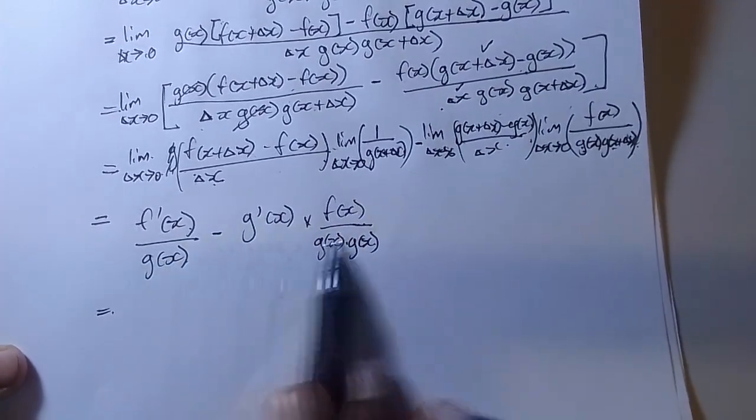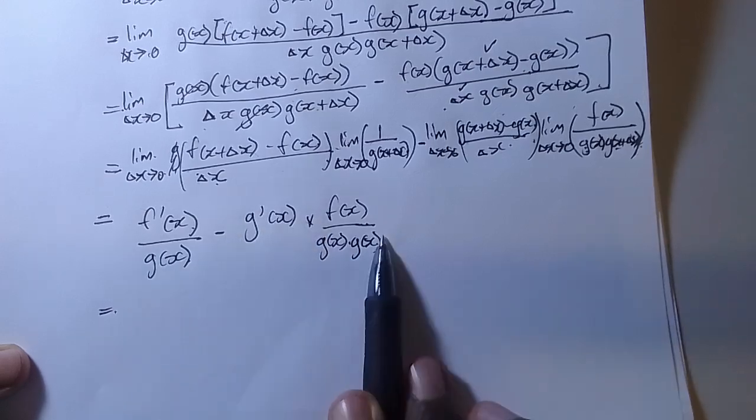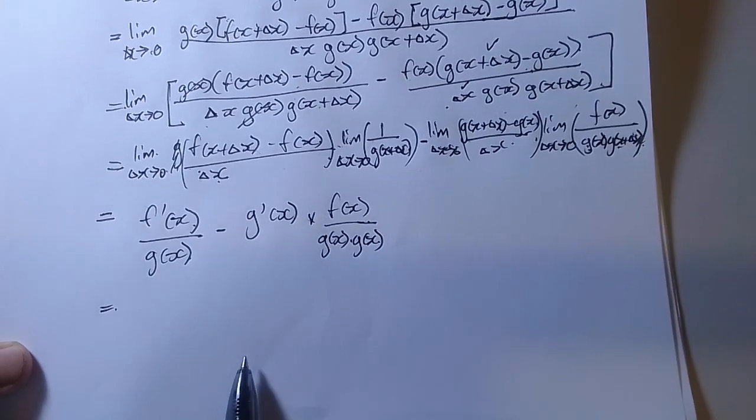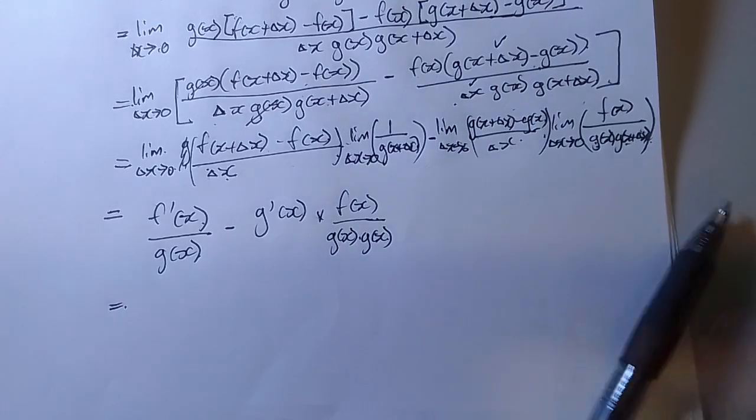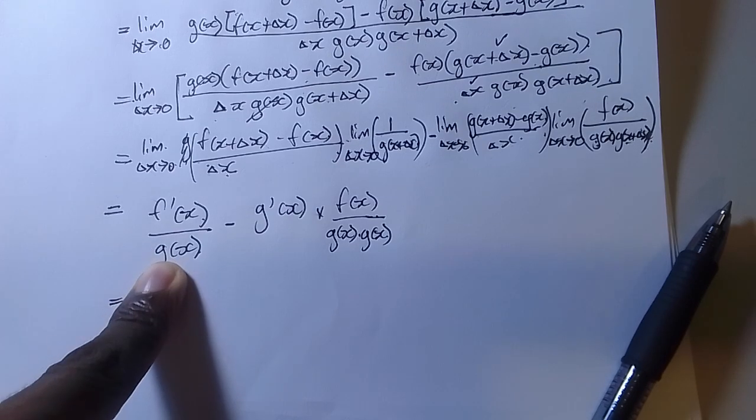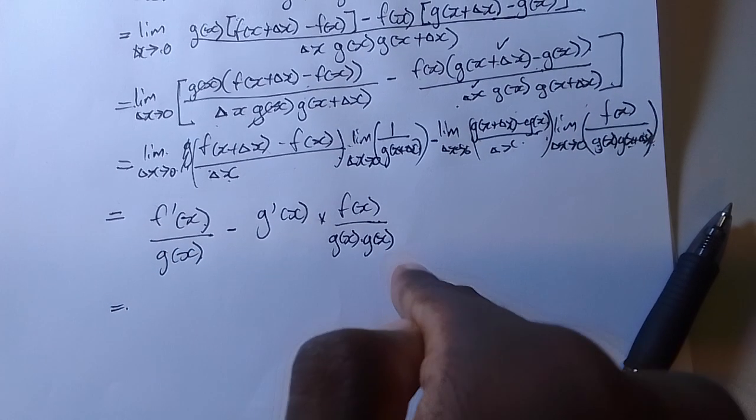Okay, so this is what we have. I want us to find a common denominator here, the LCD. Since we have g of x times g of x on this side, the LCD is just going to be g of x squared, because g of x is in g of x squared.